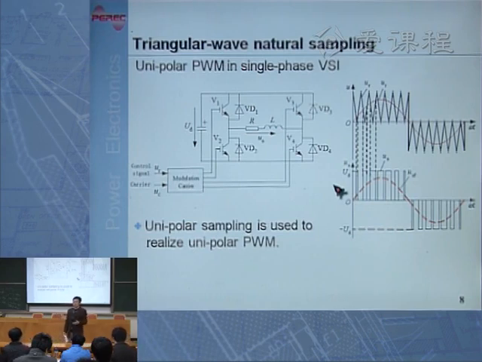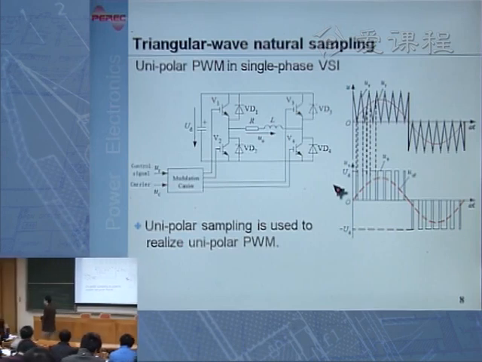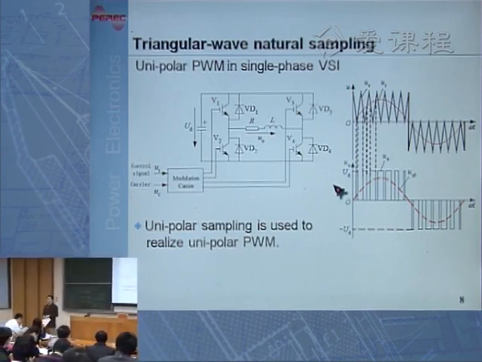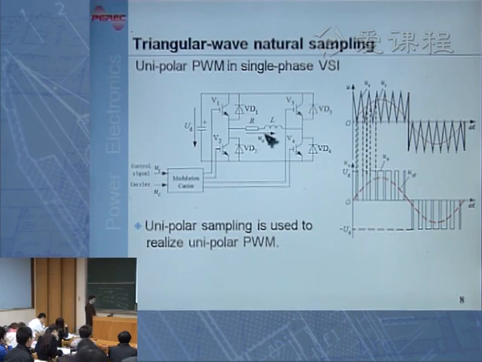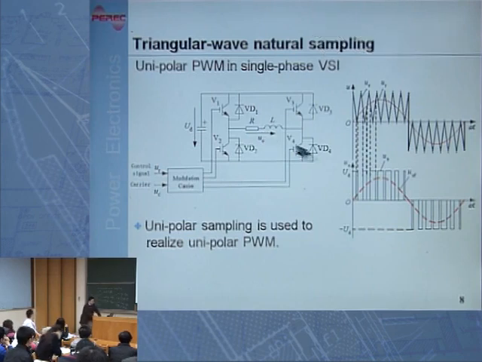Okay. What we have learned before was that a voltage source inverter can be used to generate square wave output voltage. So the load will see a square wave. Okay, so now let's see how I can utilize this triangular wave natural sampling technique to generate an AC voltage, but not pure square wave.